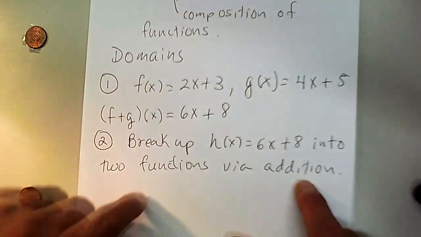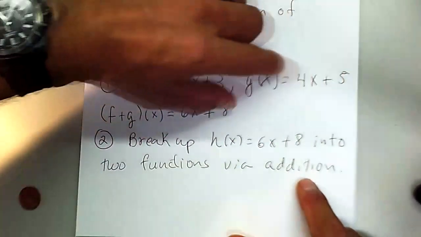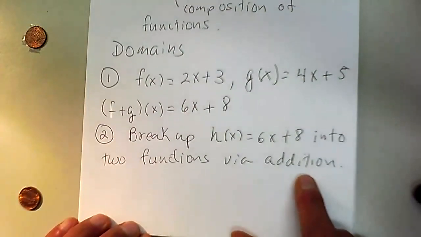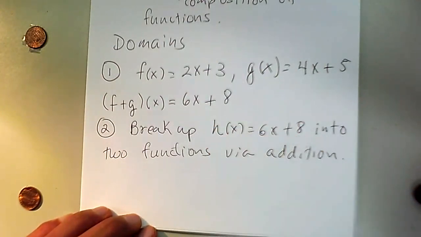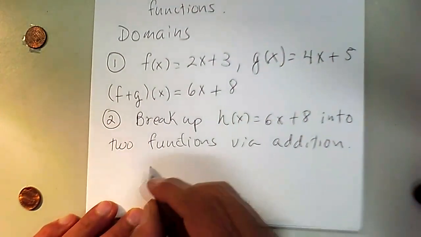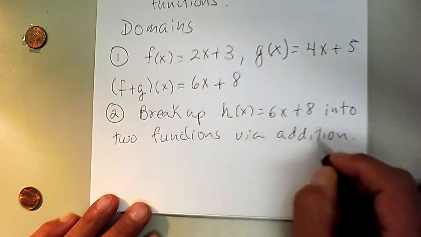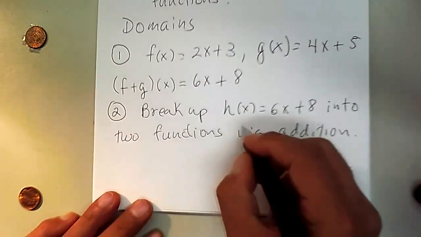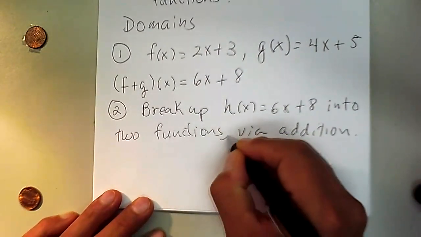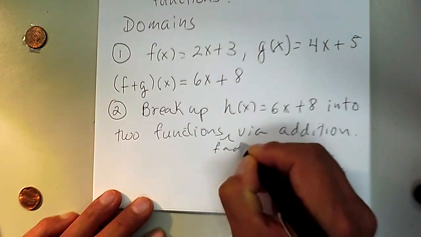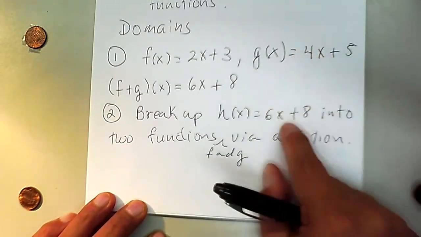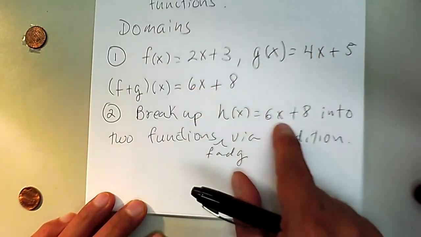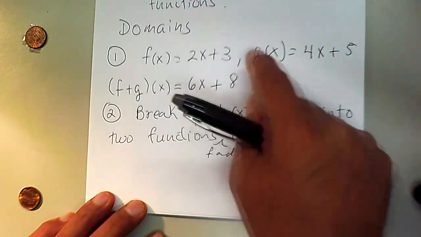But somebody else who has not seen this previous example would say, wait a minute, why not rather 6x and 8? So we could think, let me add here into two functions, f and g. So those are two separate examples. I'm using the same output, but those are two different examples.